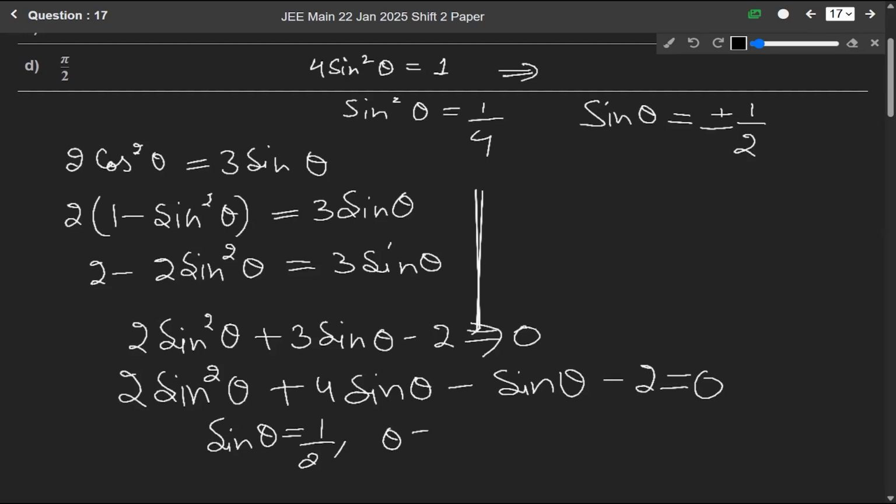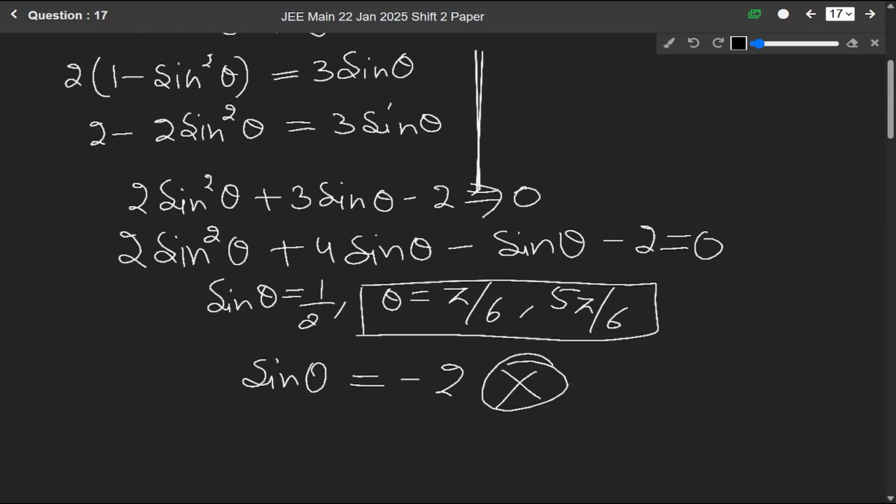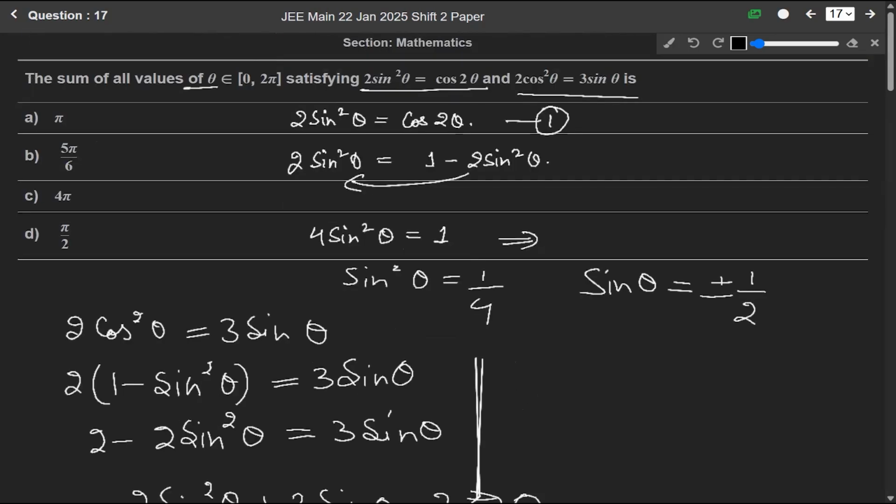It means theta will be equal to pi by 6, or it will be equal to 5 pi by 6. Second factor, we got sin theta is equal to minus 2, which is not possible. So sin theta is equal to 1 by 2 means theta values will be either pi by 6 and 5 pi by 6. So our answer is option B, 5 pi by 6. Okay. So 5 pi by 6 is the answer.